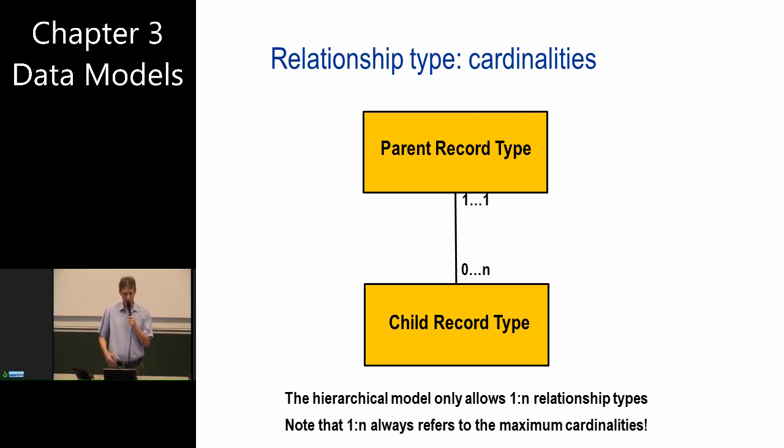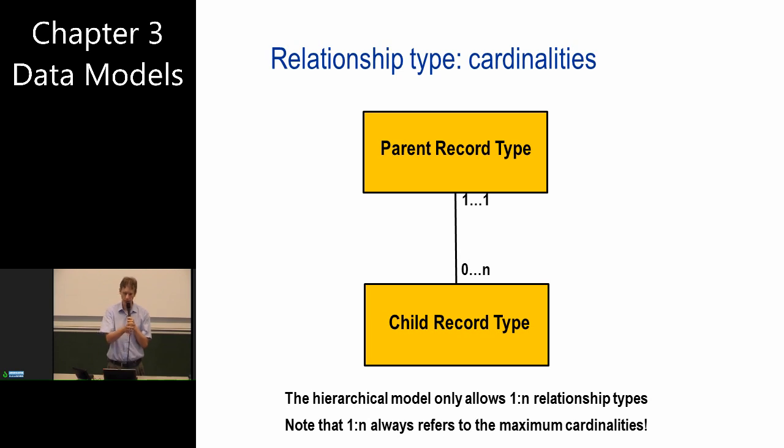So a parent record type can have multiple child record types. See my previous slide. Vice versa, a child record type can only have one parent record type. A child cannot have multiple parents. A child record type itself can again be parent in another parent-child relationship type.